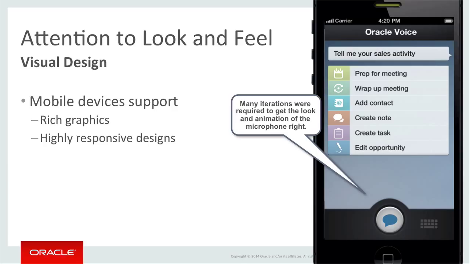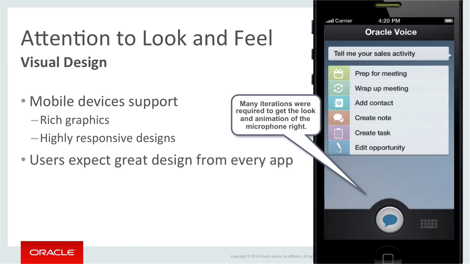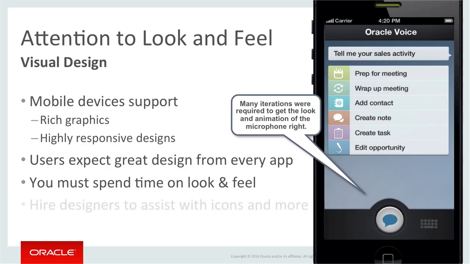As the devices support rich graphics and highly responsive designs, and users are frequently used to these very cheap and available and quality applications, they will demand exactly the same of the applications you build. It is very important for your application to succeed that you spend time working on the overall look and feel, and it's well worth your time hiring designers to assist with your icons, graphics and overall look and feel to make sure your users like your application.